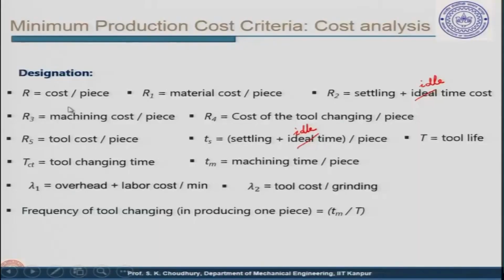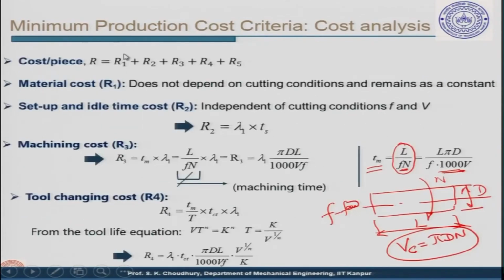Then we said that the overall cost per piece consists of the raw material cost, okay, plus setting and idle time cost, plus the machining time cost per piece, then the tool changing time cost per piece and the tool cost per piece. Okay. These are the 5 basic costs involved in the overall cost per piece, that is, the final product.